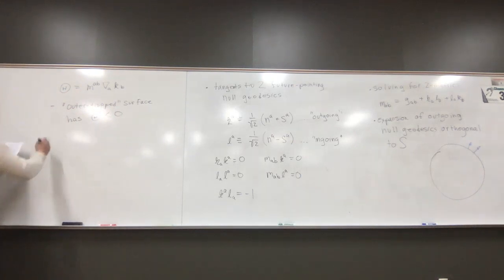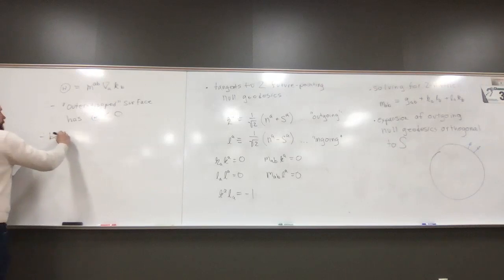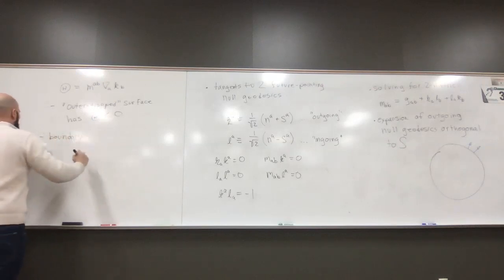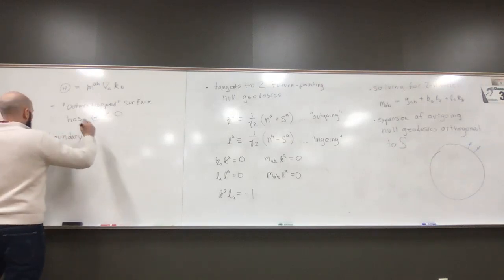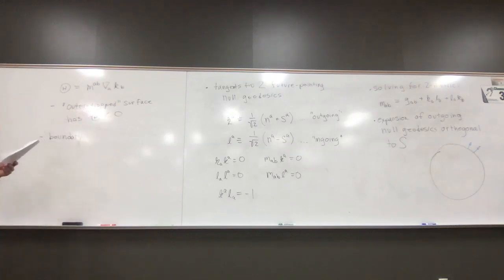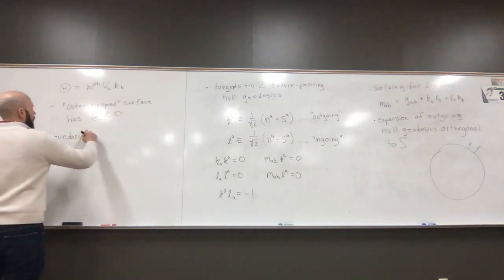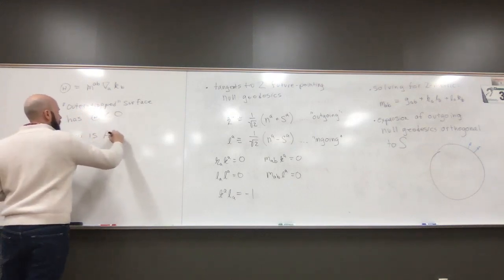Okay? The boundary between these trapped surfaces, or the outer boundary of the outermost outer trapped surface, is the apparent horizon.